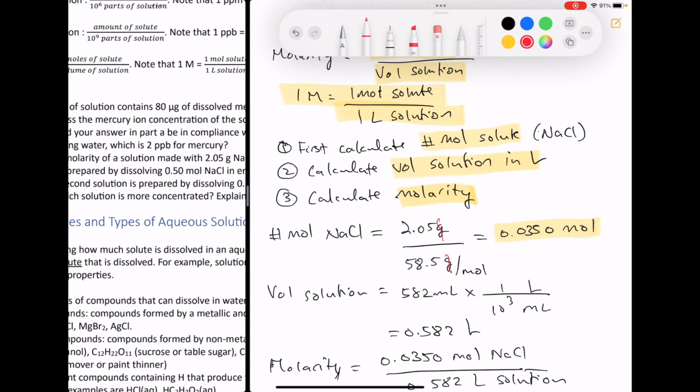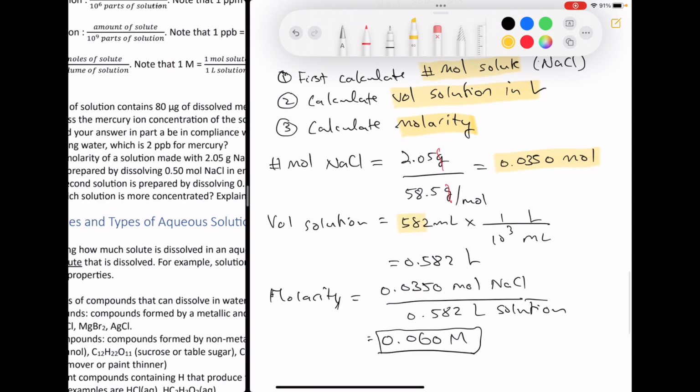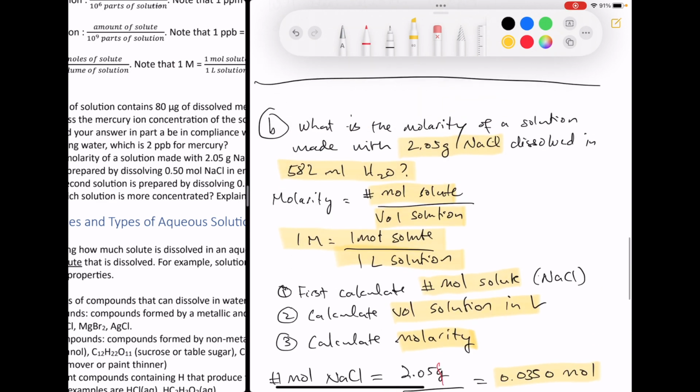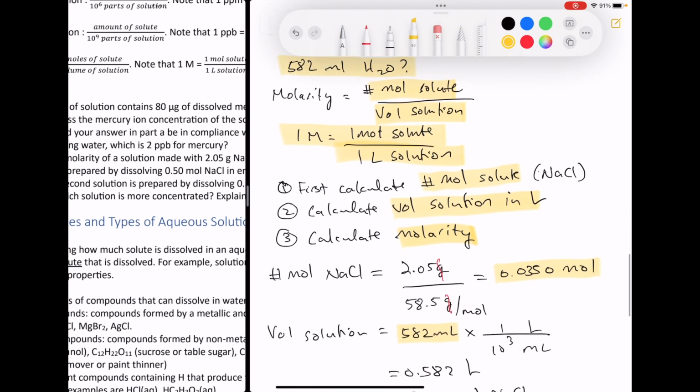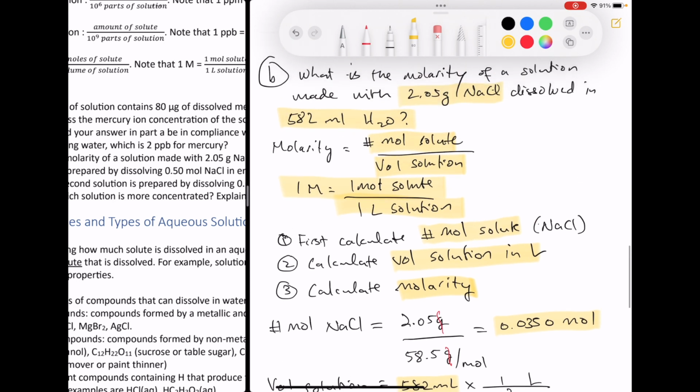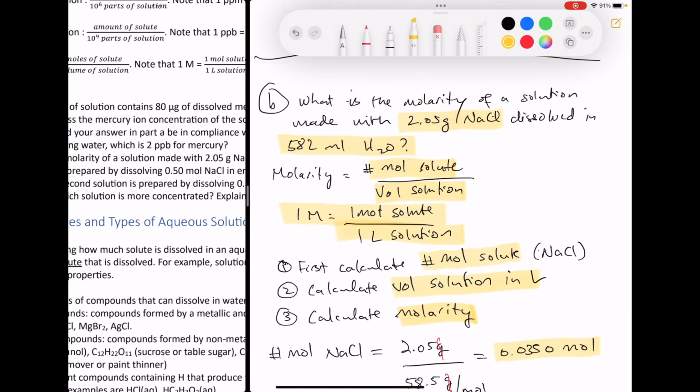Now the volume of the solution, you're going to take the 582 milliliters, and those of you who are paying attention to details will see that this is 582 milliliters of water, and water is the solvent, not the solution. However, typically we put a small enough quantity of the solute that the amount of water is overwhelming, and then the addition of the solute doesn't really change the volume.